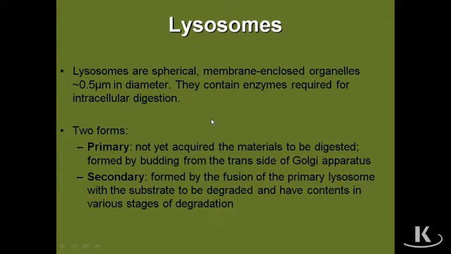Classically, a primary lysosome has not acquired materials to be digested and has just been formed by budding from the trans face of the Golgi apparatus containing its hydrolase enzymes. A secondary lysosome is basically involved in some aspect of the degradation process and typically has some sort of interiorly located, partially degraded substrate.